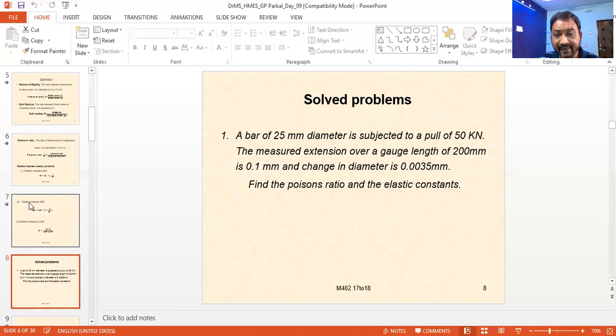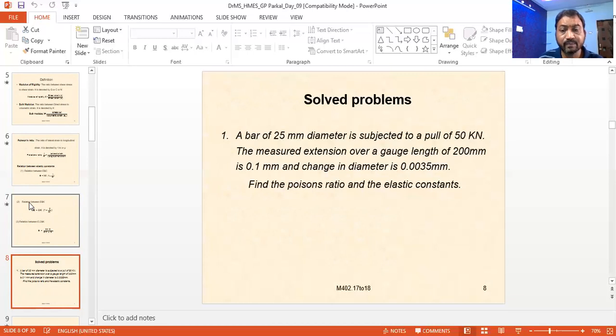The measured extension over a gauge length of 200 millimeters is 0.1 millimeters, and the change in diameter is 0.0035 millimeters. Find the Poisson's ratio and the elastic constants.